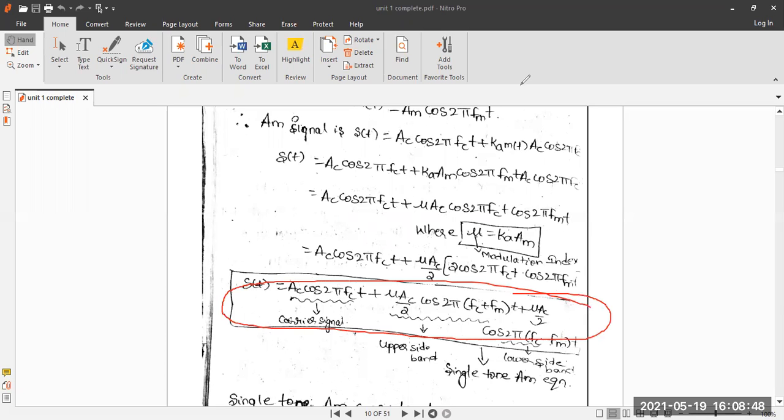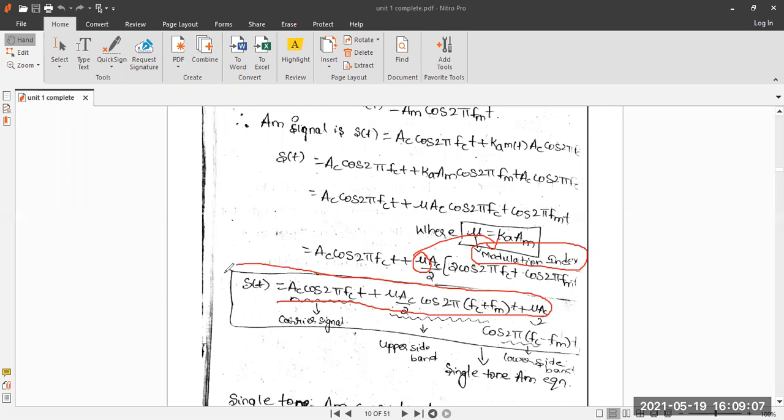In this equation, mu is the modulation index. This is the equation we got in single tone AM.